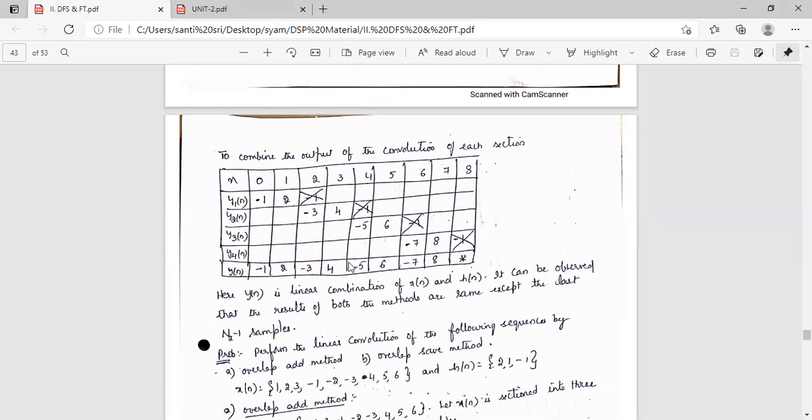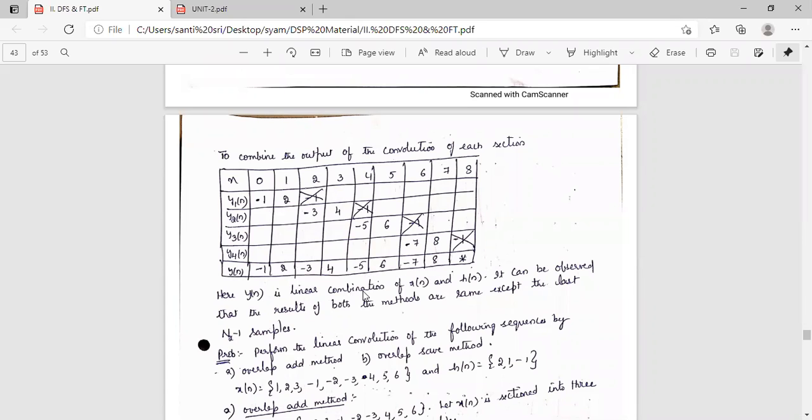We will take these values. Why? Because in the previous method 1, a 0 will be appended at the last section, and in method 2, 0 will be appended in the first section. That's why this last value will be cancelled. So we will take these values only: minus 1, 2, minus 3, 4, minus 5, 6, minus 7, 8.